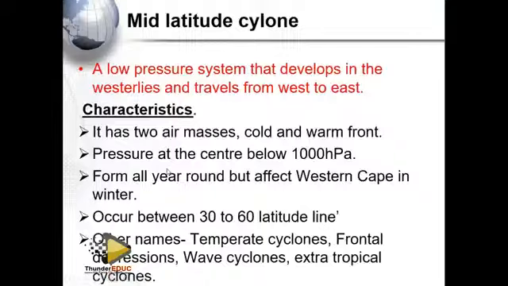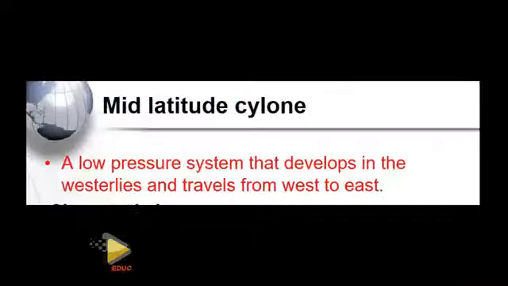What is a mid-latitude cyclone? What does it mean? You must understand, we say that it forms between 30 and 60. You must understand that mid-latitude cyclones are low pressure systems. It is a low pressure system that develops in the westerlies, traveling from west to east.